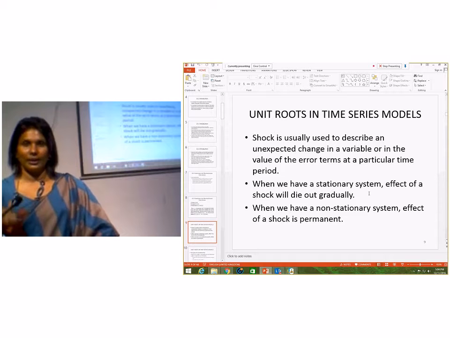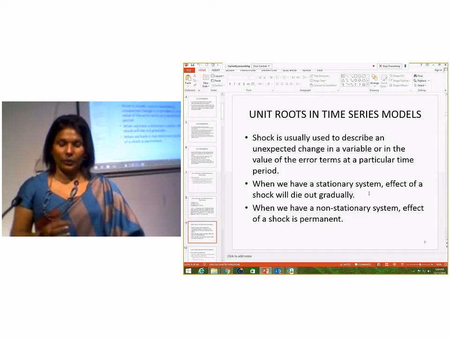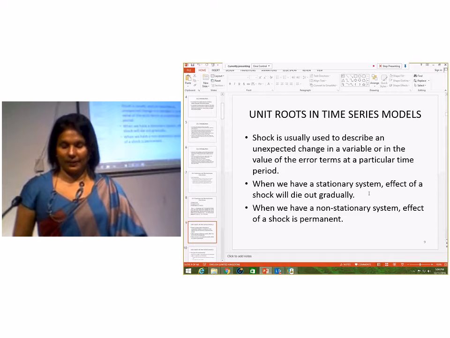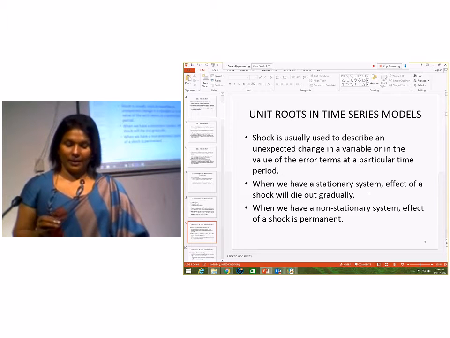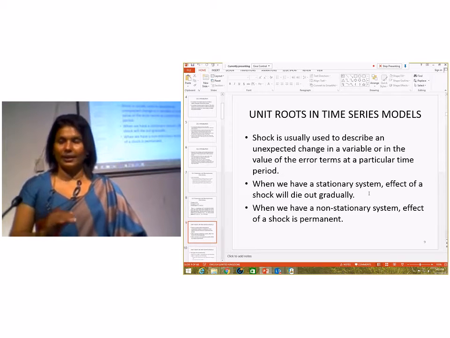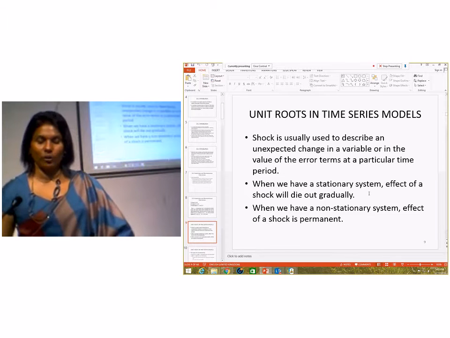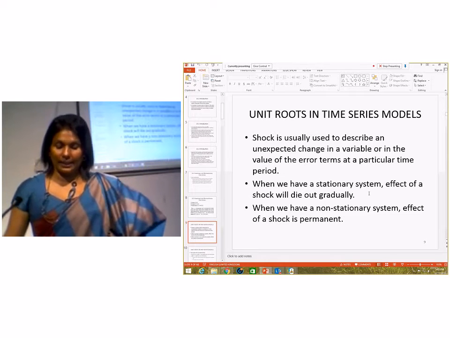When we use the data as it is, it includes those unexpected changes, and the effect of these unexpected changes is permanent. So the analysis is based on these unexpected changes.